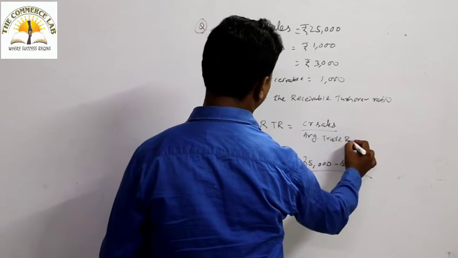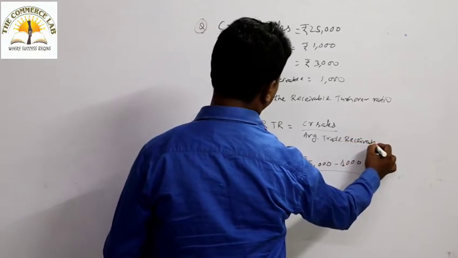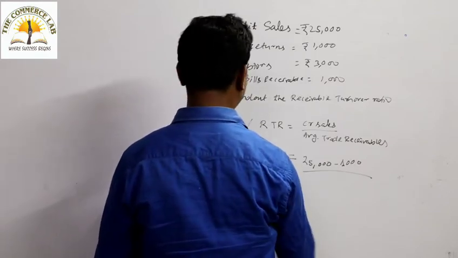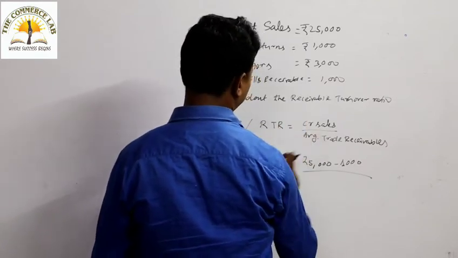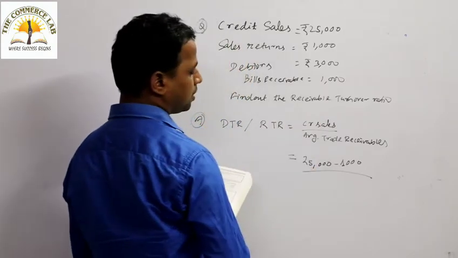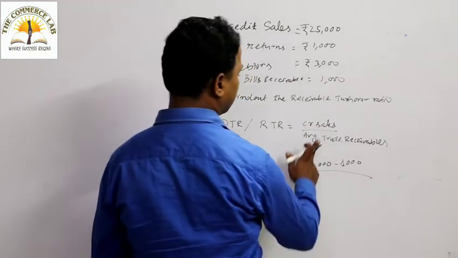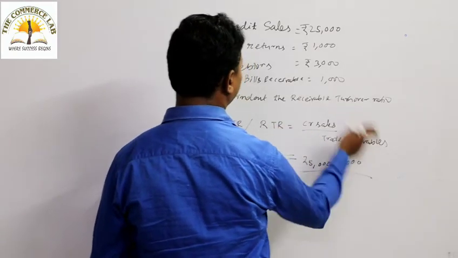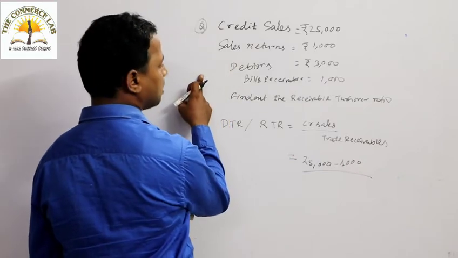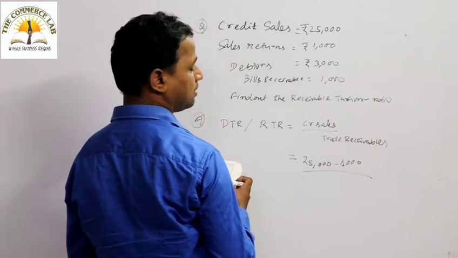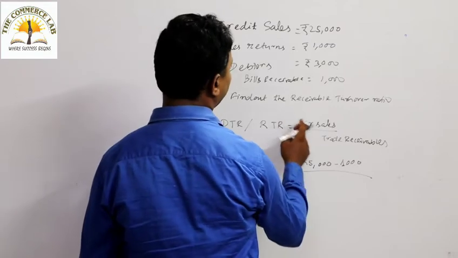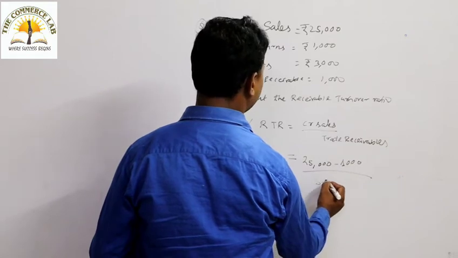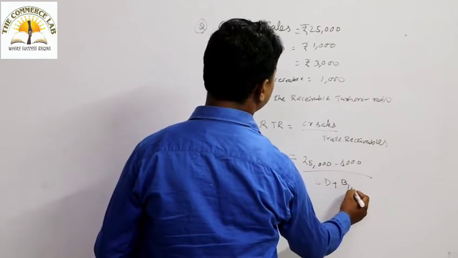If in the question the opening trade receivable or closing trade receivable is not given, simply use the formula credit sales by trade receivable. As in this question opening and closing trade receivable are not given, we simply proceed with credit sales by trade receivable. Trade receivable means sundry debtors plus bills receivable.